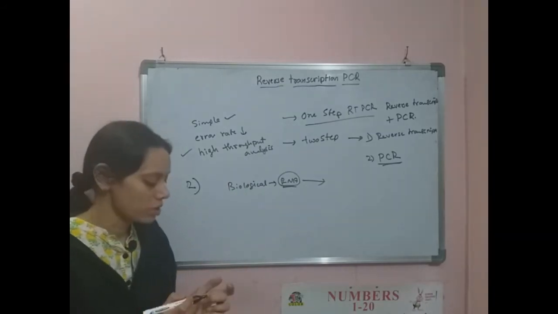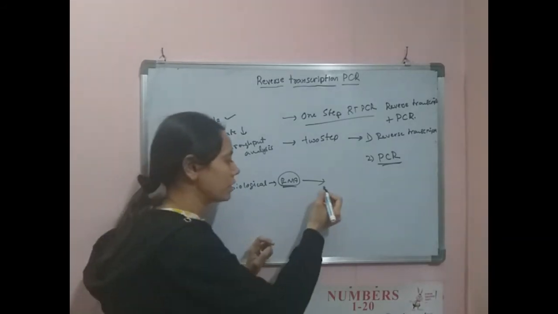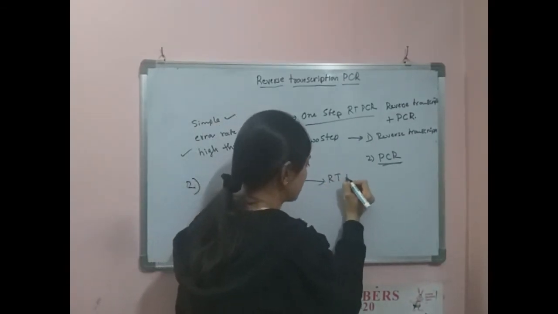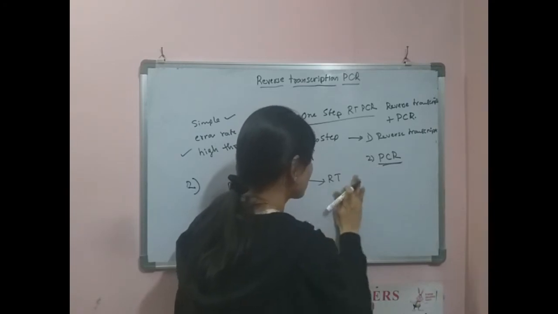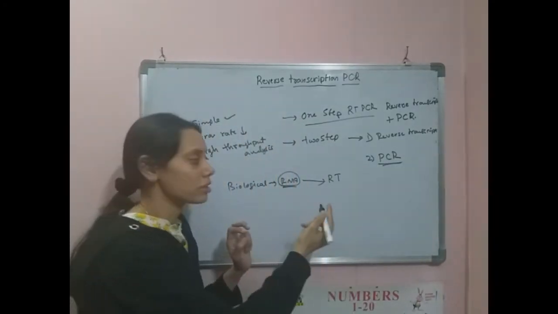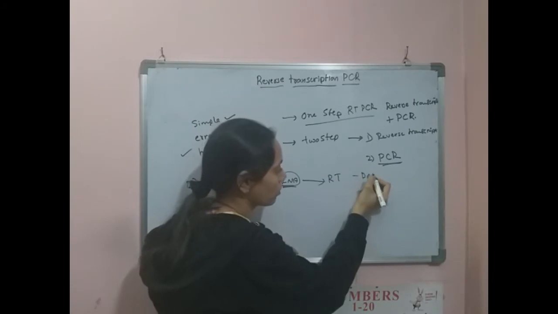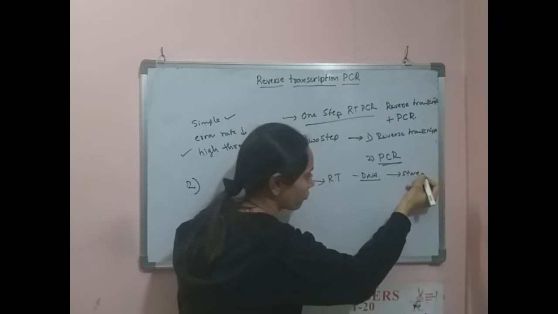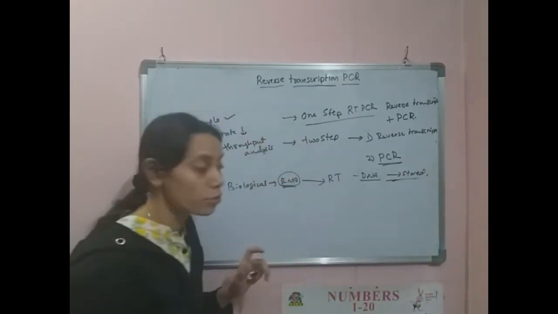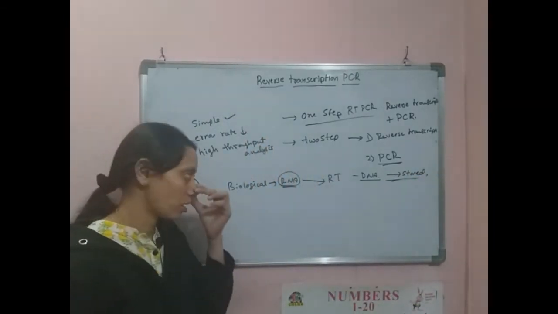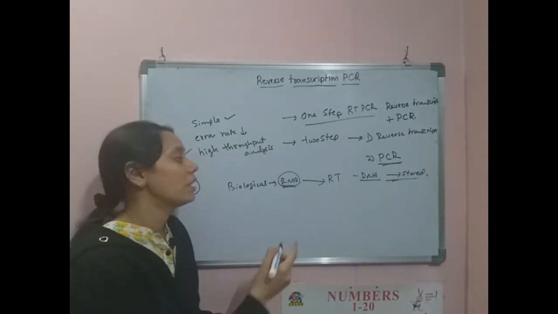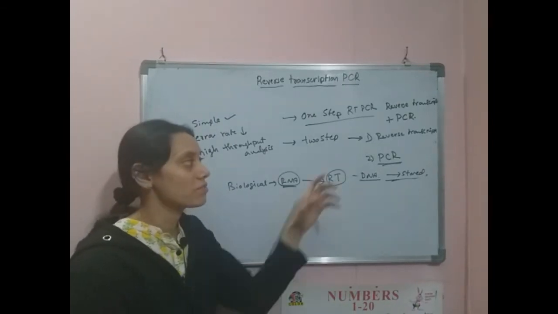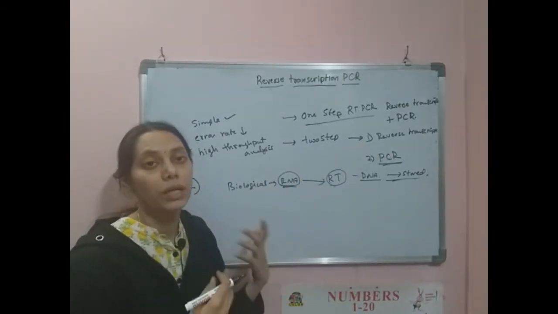So what we will do is, using the reverse transcription, we convert that into DNA, and this can also be stored. So the two-step PCR is more convenient for processes where the reverse transcription product is needed multiple times.